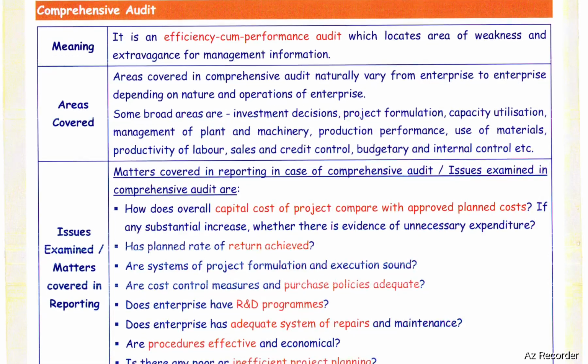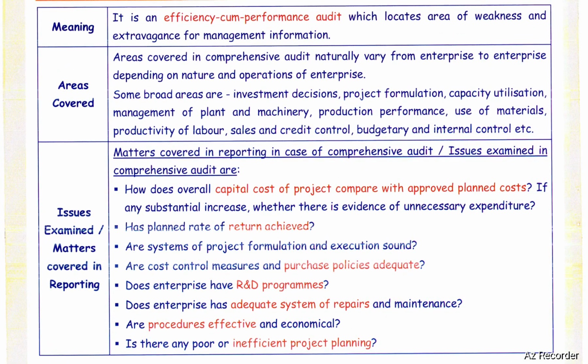Issues examined are matters covered in reporting. Matters covered in reporting in case of a comprehensive audit are: how does the overall capital cost of the project compare with the approved planned cost? If any substantial increase, whether there is evidence of unnecessary expenditure? Has the planned rate of return been achieved?